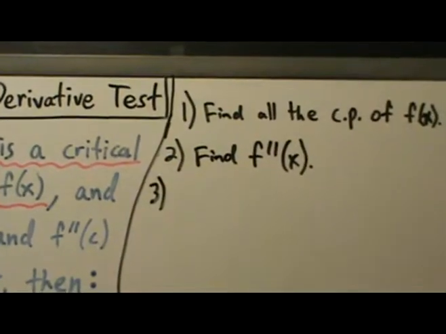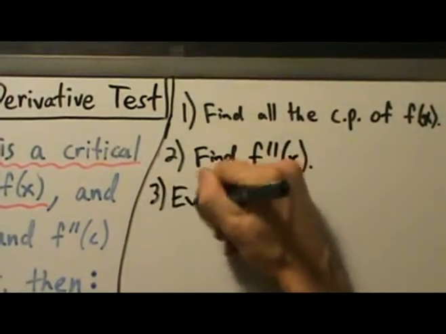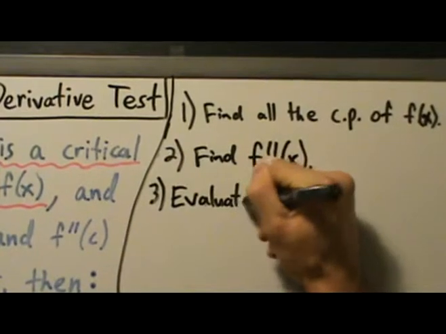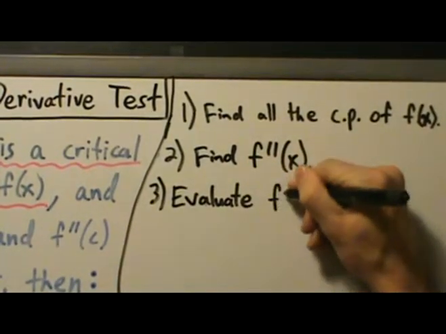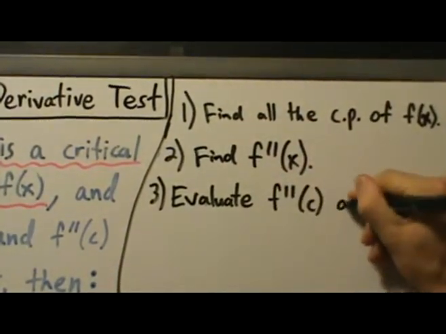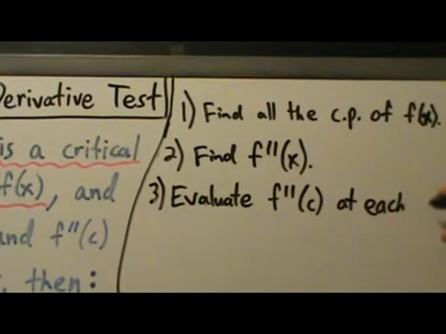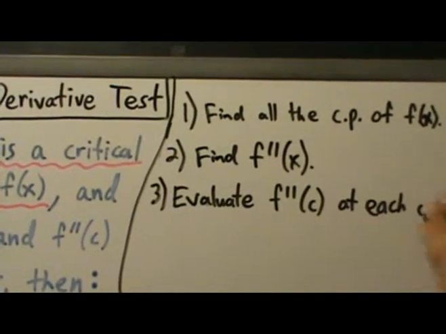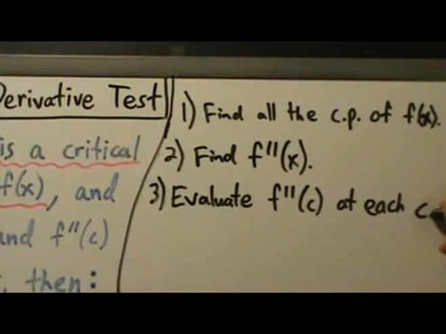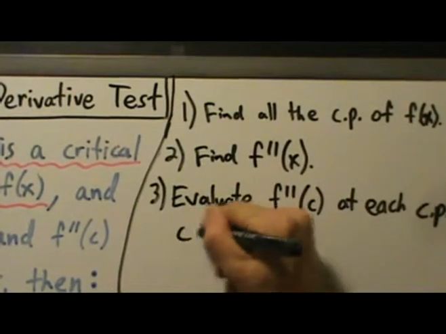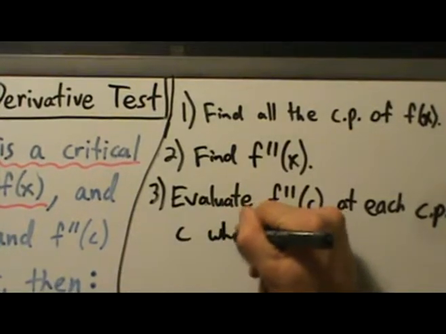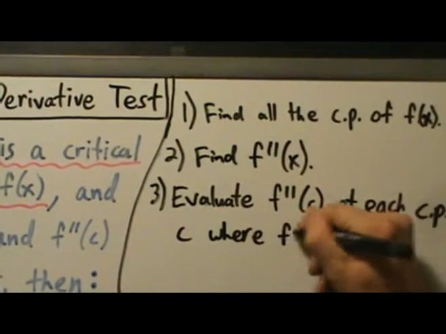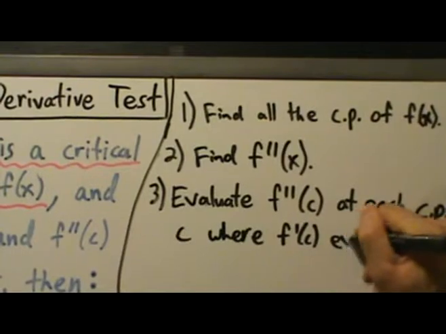Okay, and then step 3 is going to be evaluate f double prime of c at each critical point C where f prime of c exists.